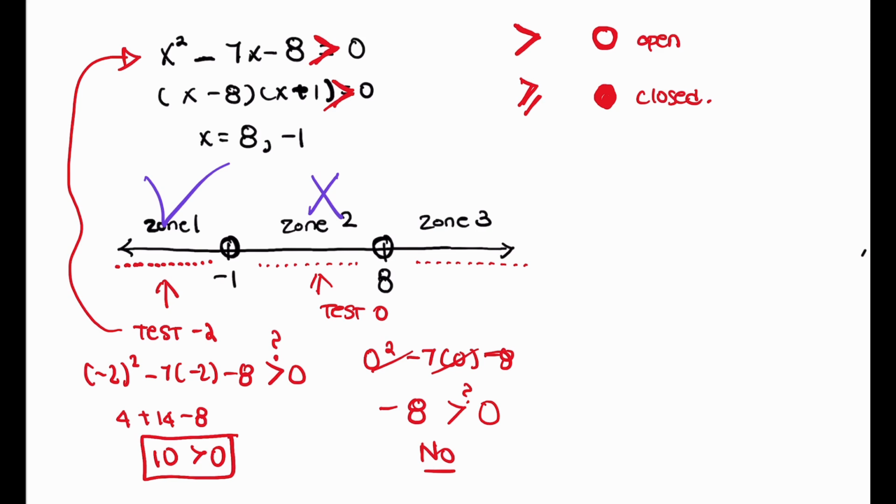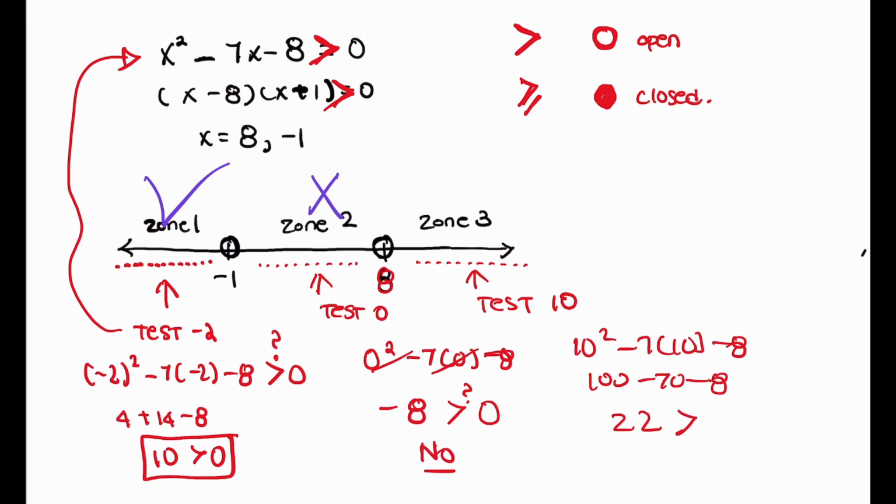For zone number 3, let's test 10, because that's another easy number. Any number greater than 8 works as our test number. So 10 squared minus 7 times 10 minus 8 is 100 minus 70 minus 8, so that's 22. Is that indeed greater than 0? Yes, that is true, so this is my answer.